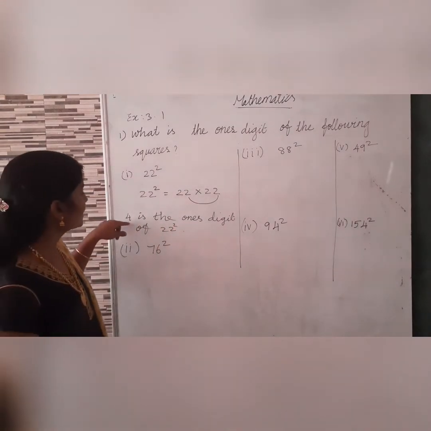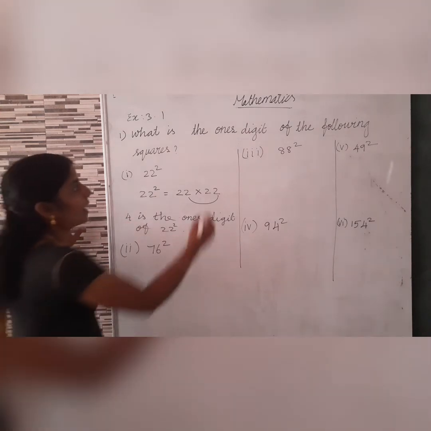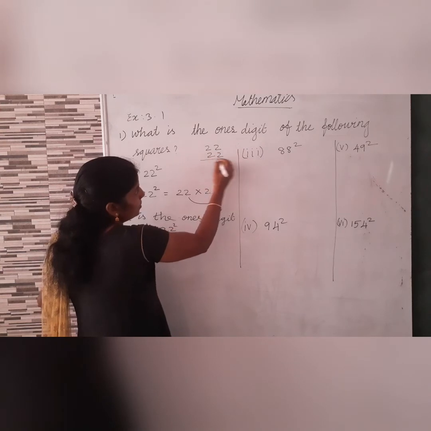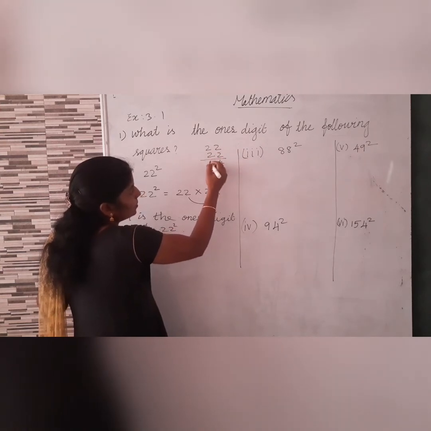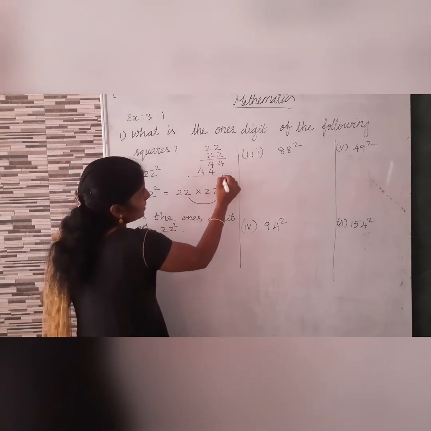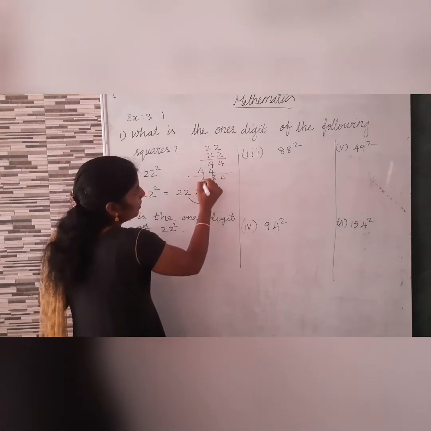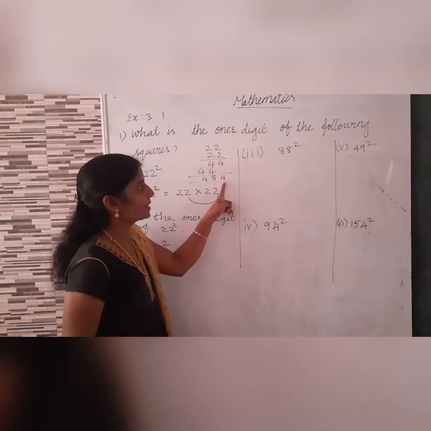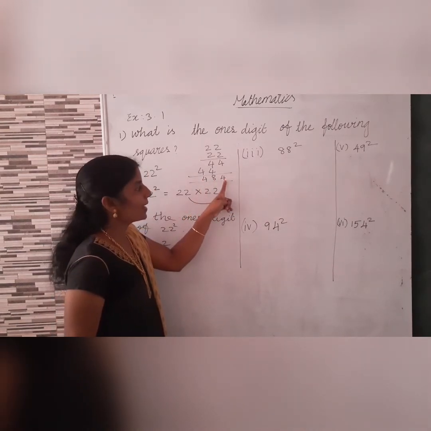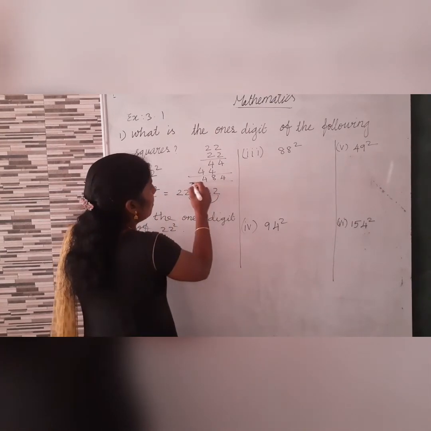Which is the ones digit? 4. How? Otherwise you can multiply. 22 into 22. 2 twos are 4. What's the answer? 484. Which is the ones digit? This is ones, tens, hundreds. The ones place is 4, isn't it?